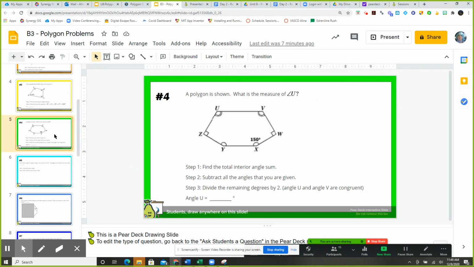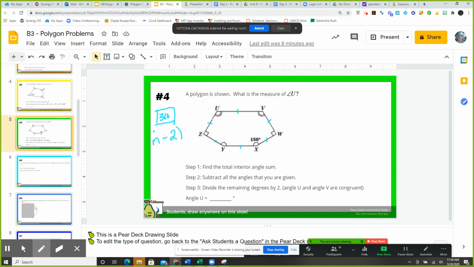So what about this green page? Question number 4. Is it a 4-sided shape that would be 360? Or is it another number of sides? How many sides in that shape? So how many total degrees? How do we find how many total degrees that shape has?